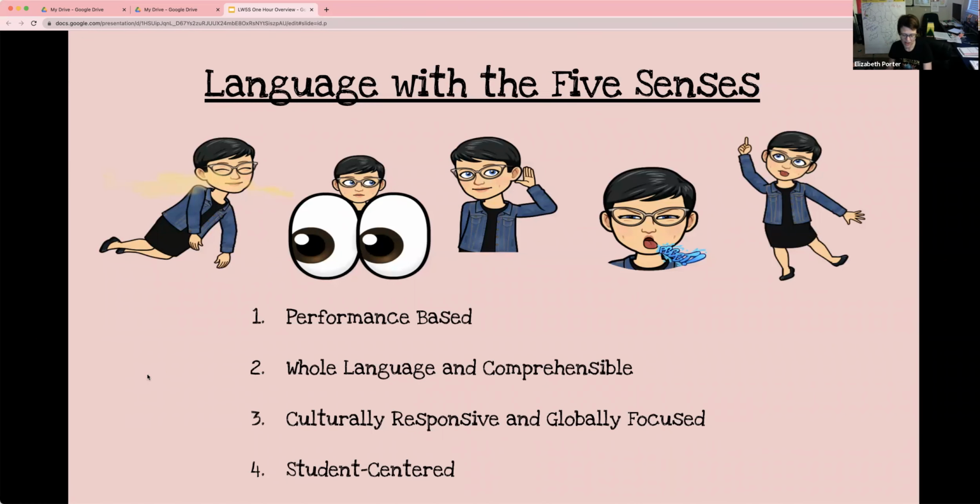So language with the five senses is performance-based. That means we don't ever test our students. No, we don't give them speaking tests. We don't give them a test at all. In fact, we ask them to apply their language through projects, through simulation, through real life experiences. Think about it. Think about anxiety. Testing causes anxiety.